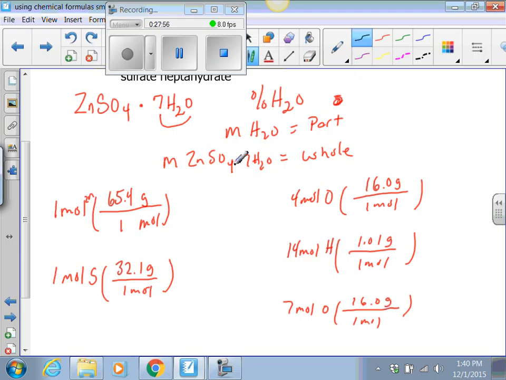All right, so let's knock out the calculations. This one's easy, it's times 1, 65.4 grams. This one's 1 gram. 4 moles of oxygen, 16 times 4 would be 64 grams. 14 times 1.01, I think, is 14.14, but let me check myself. 14.14 is correct.